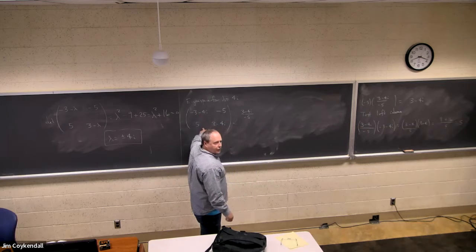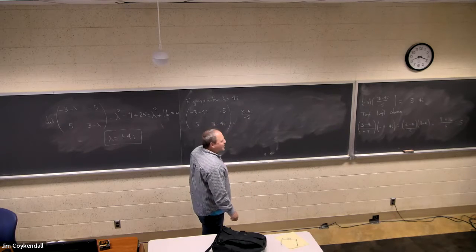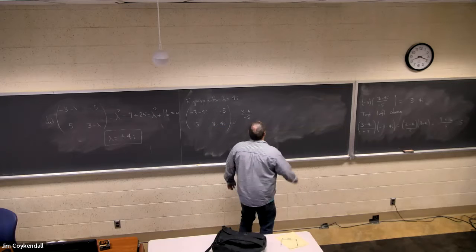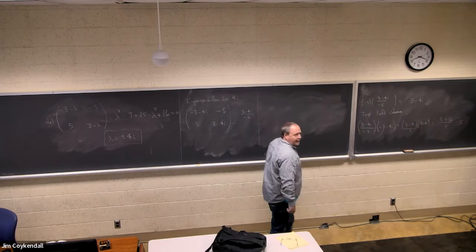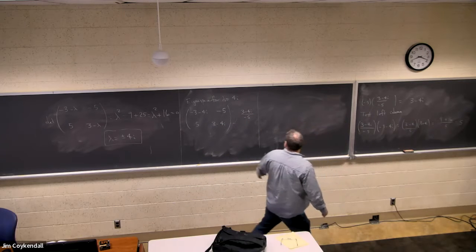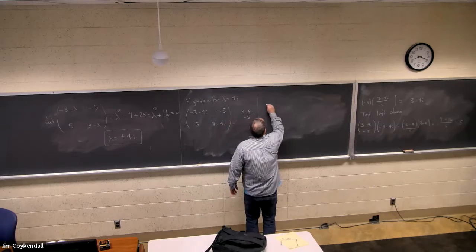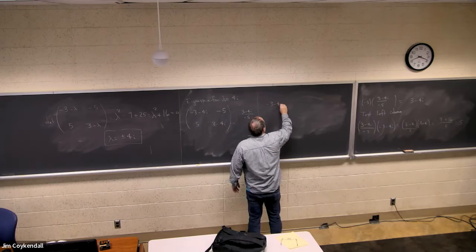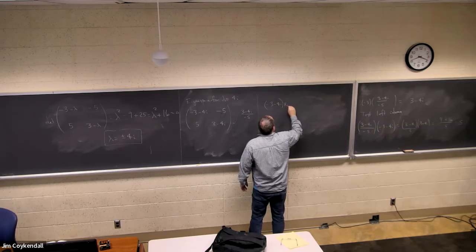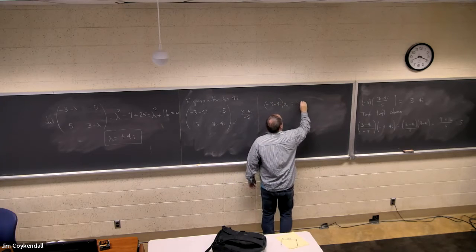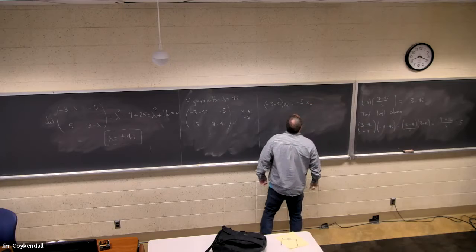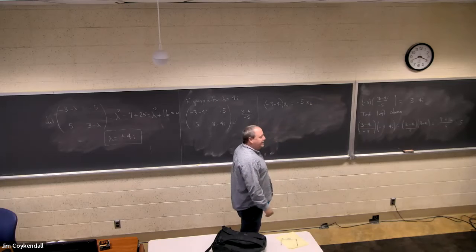That means these two rows are essentially the same. This one's a multiple of this one. This makes it easier, so I can treat this like a row of zeros now, because this row is a multiple of this one. And so I get the following equation. x2 is my free variable.